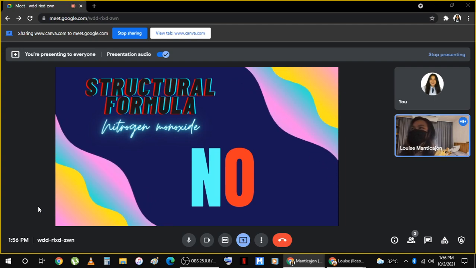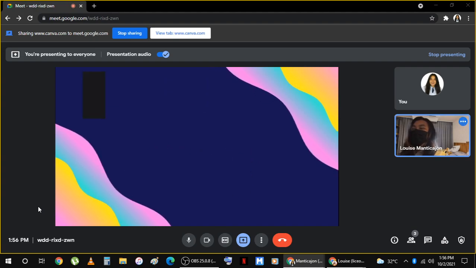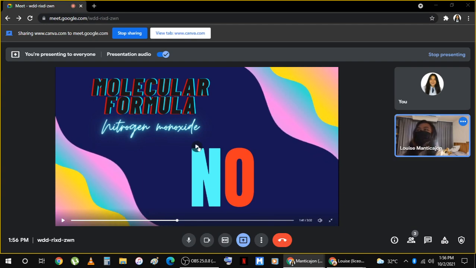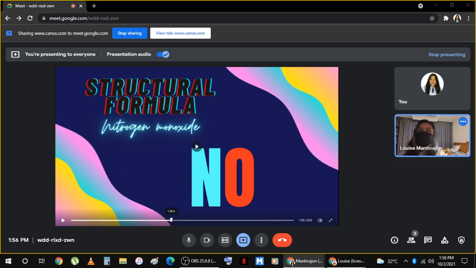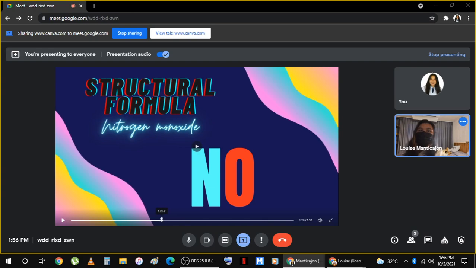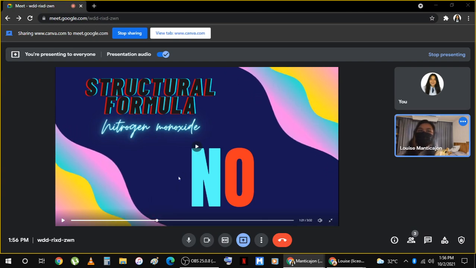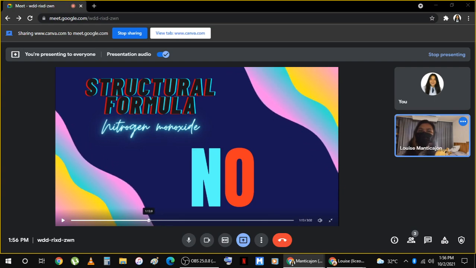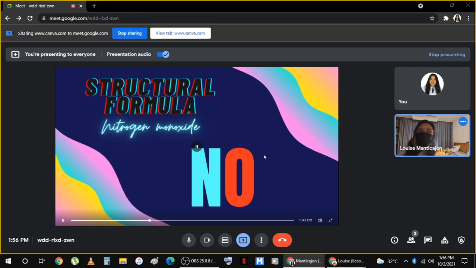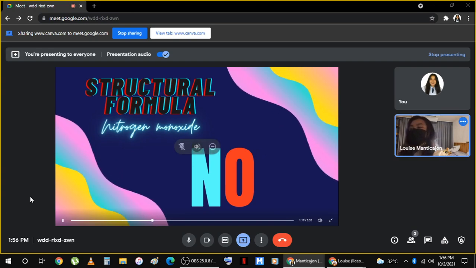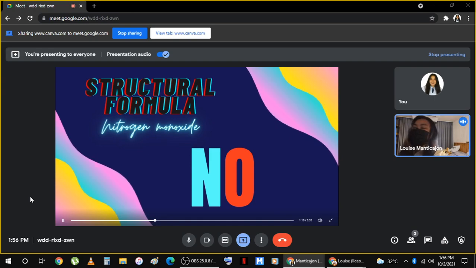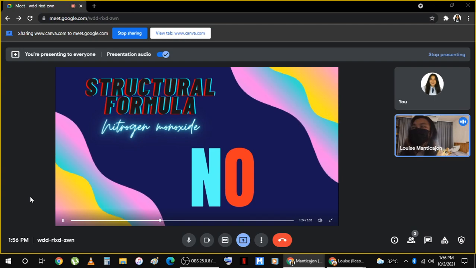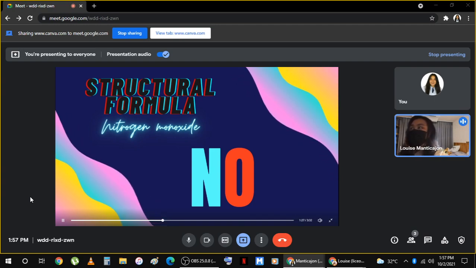Now, if you're wondering why it's called monoxide and not oxygen, it is because of how general chemistry works. If your compound has a value of 1, 2, or 3, its prefix will be mono, di, tri, and so on.